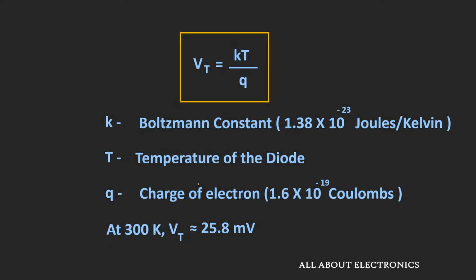So here this K is the Boltzmann constant and T is the temperature of the diode, while Q is the charge of electron. So if we put all these values and if we evaluate the value of this thermal voltage at T equal to 300 degree Kelvin or at room temperature, then the approximate value of this thermal voltage will be equal to around 25.8 millivolt.